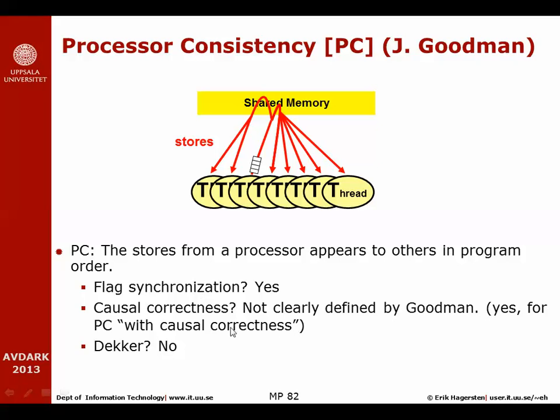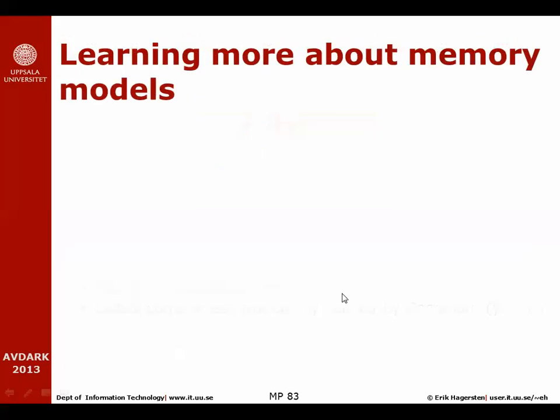So maybe caution correctness works if it's processor consistency with caution correctness, then the caution test, the second example, really works. Dekker's algorithm will not work, since this is a weaker model than total store order, so that really wouldn't work either.